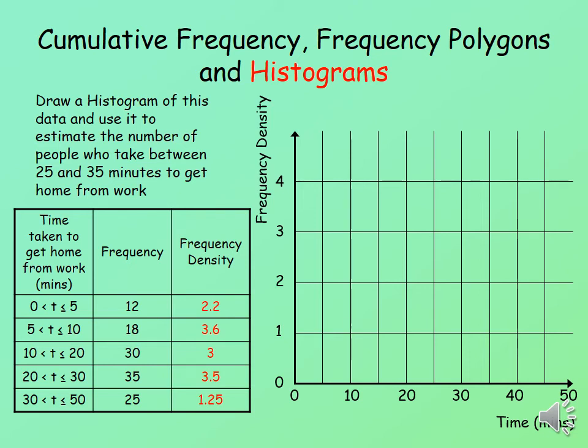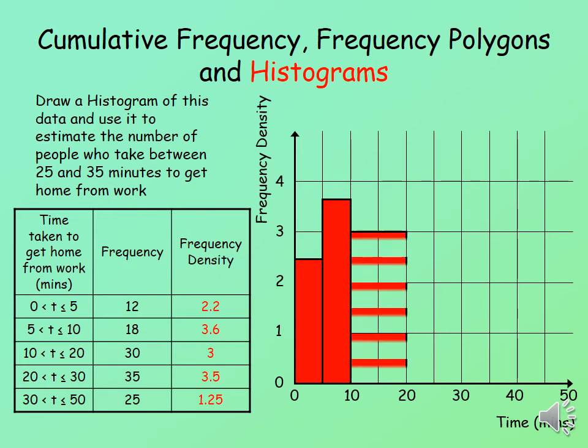Okay, so we're going to create the histogram. So as you can see, that goes up to 2.4. The next one is 3.6 because that class interval is 5 to 10. The next one is 3.